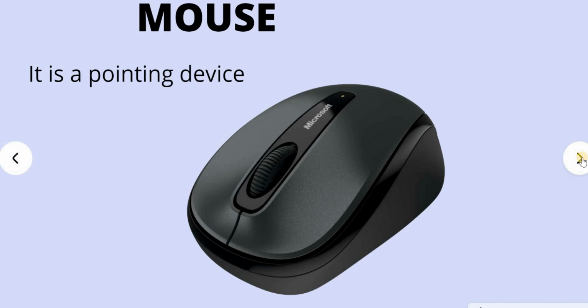Mouse. It is a pointing device to point to a position on monitor. Mouse controls movements of a pointer on screen. This mouse pointer is also called a cursor.